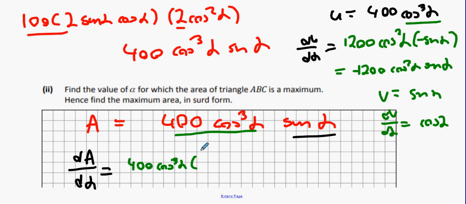Okay, now we're going to do u times dv d alpha. So that is u times dv d alpha plus v, which is sine alpha, times du d alpha, which is minus 1200 cos squared alpha sine alpha.